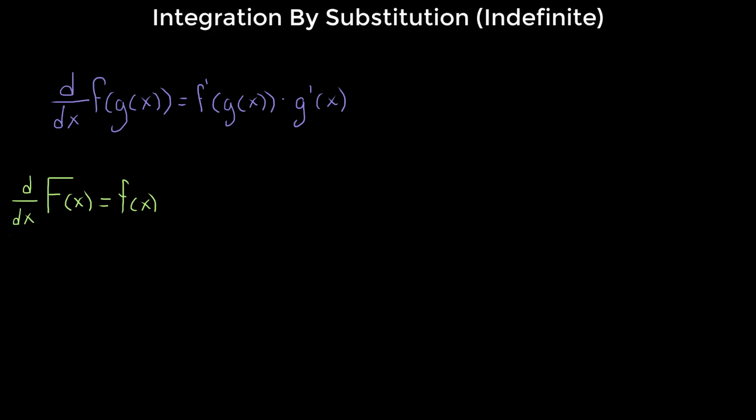And so, using that logic, if we were taking the derivative with respect to x of big F of g of x, this would yield f of g of x multiplied by g prime of x, just like that.